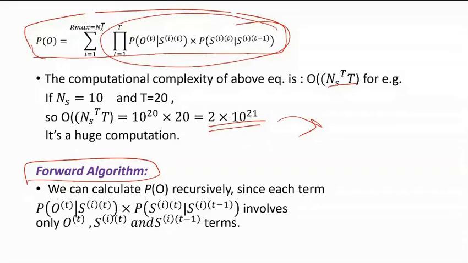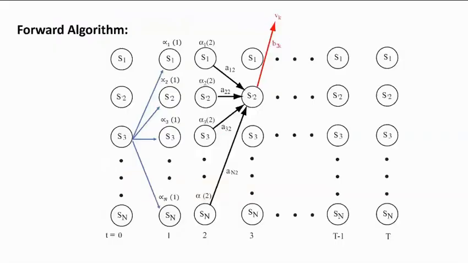We can calculate the probability of observing this sequence recursively, since each term involves only the observation, the current state and the previous state. So only three things are required, and then we can reduce the complexity.